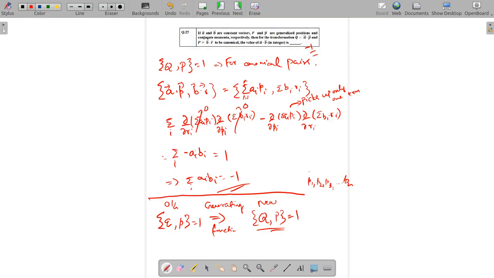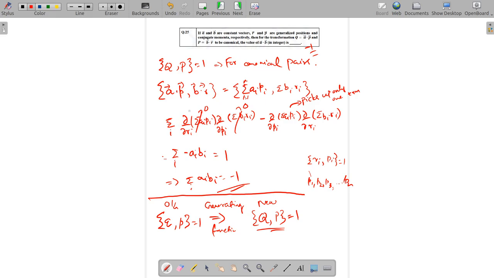So this is the sum over i of A_i p_i and the sum over i of B_i r_i. These r_i and p_i are the canonical variables. Putting that here, just evaluate that Poisson bracket.